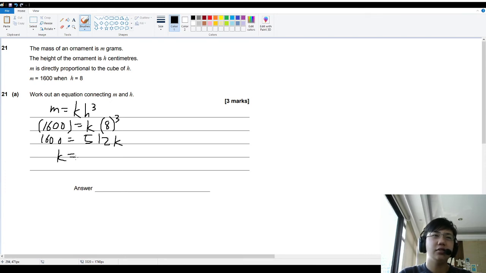Therefore, k equals 3.125 after dividing both sides by 512. Therefore, our equation, substituting the value of k, is m equals 3.125 h cubed, giving us our answer.